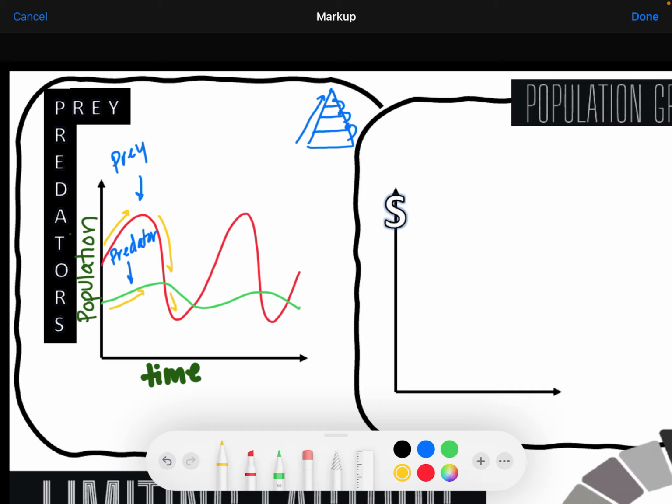Once those become so low, it's also too low to support the lynx population, they follow the same decrease. And then it goes back up, because now that there's fewer lynx to eat the prey, the prey increases, followed by predator increase.